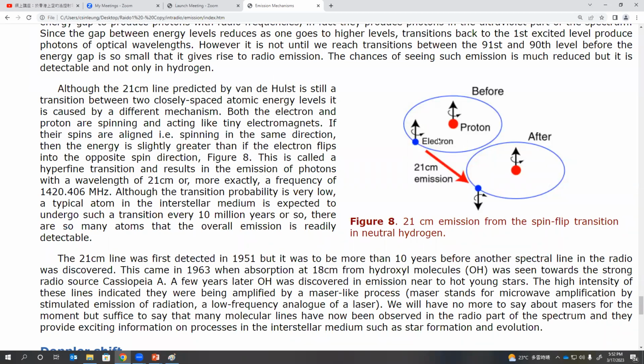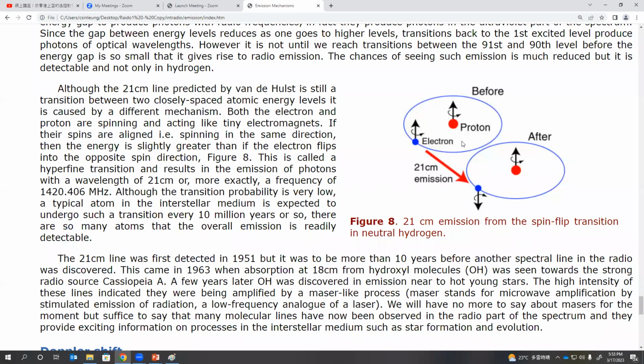If both electron and proton are spin up, we call it the higher energy state. In some sense, the electron changes its spin up direction into spin down direction, and this change produces a radiation, corresponding to 21 cm light emission. Based on probability from quantum mechanics, this is a very small chance.